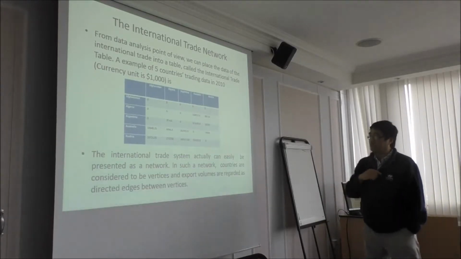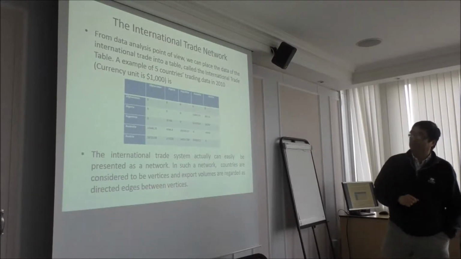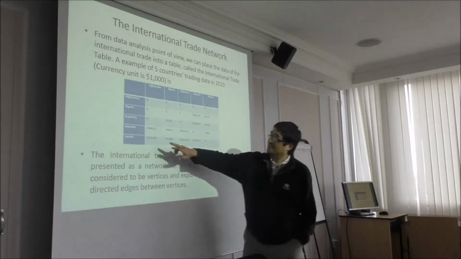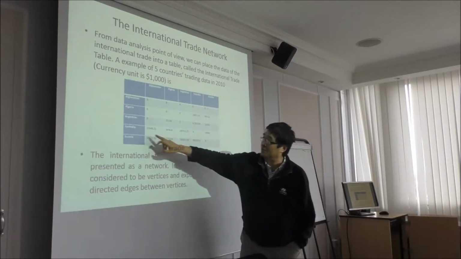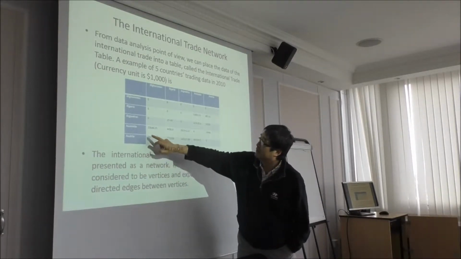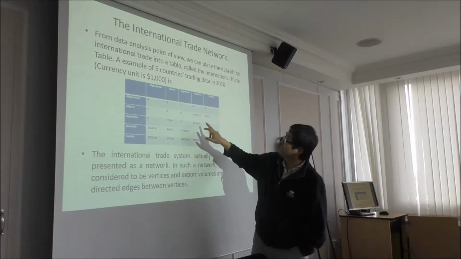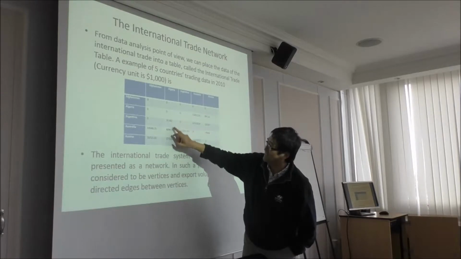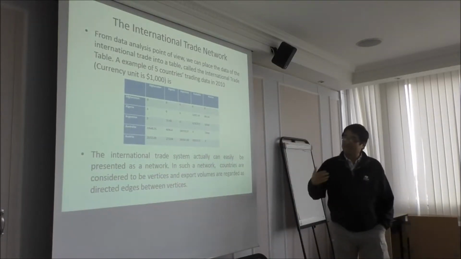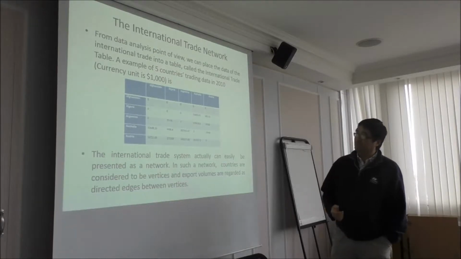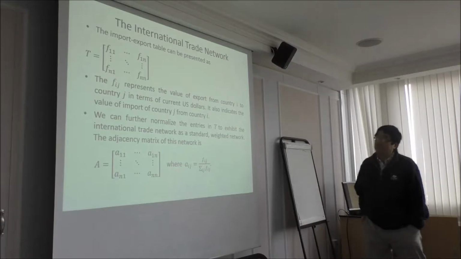So the international trade system can easily be presented as a network in such a case, because imports and exports could form the edges of the network, and that forms the basis of our study.